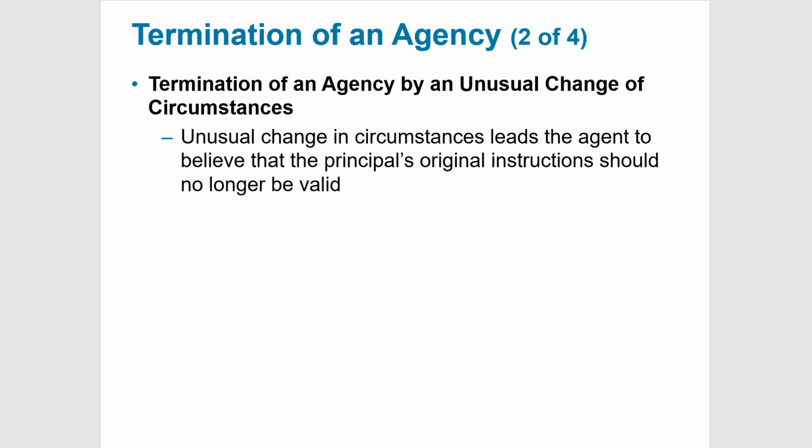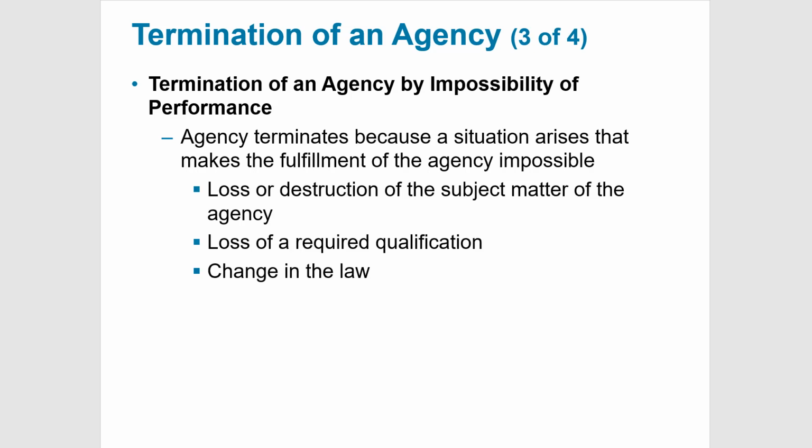Then we could terminate that agency. We could also terminate by impossibility of performance. So things that can lead to impossibility of performance, let's say the subject matter of the agency is destroyed. So if I'm hiring somebody to sell a house, but the house burns to the ground, then it doesn't really make sense anymore for me to try to sell the house. So the relationship is terminated.